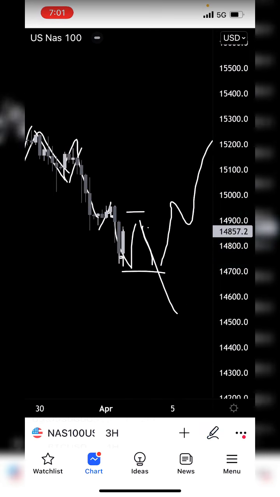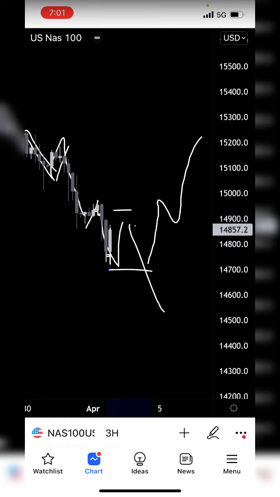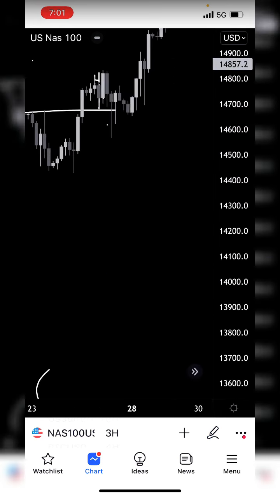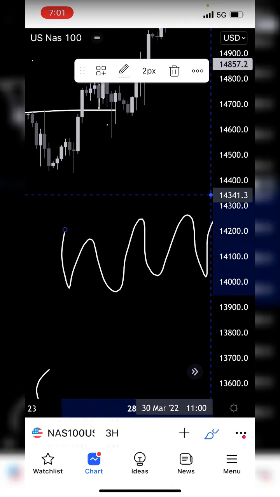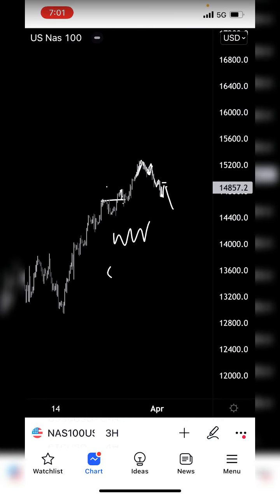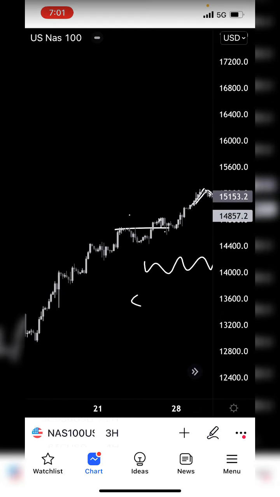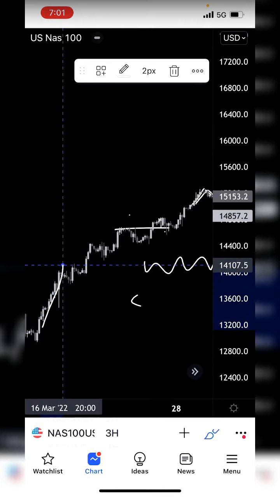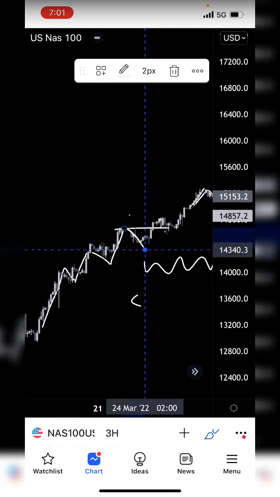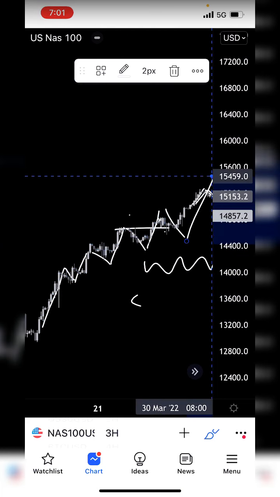And if it's not doing that, it's most likely consolidating, and I don't trade that. I do not trade when price is doing this, and you just can't tell. Over here, you can tell: price is coming up, coming down, up, down, up, down.